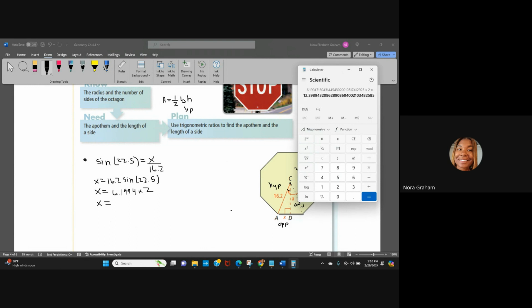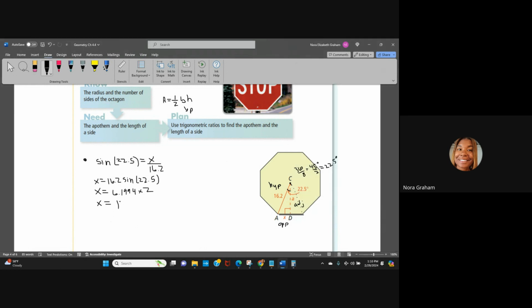Let me just do that on my phone calculator because the computer one sometimes trips out on me. 6.1994 times 2. Yeah, I agree with that. That's 12.3988. Okay. And again, that just gives me all of this side. So I know each side is 12.3988.